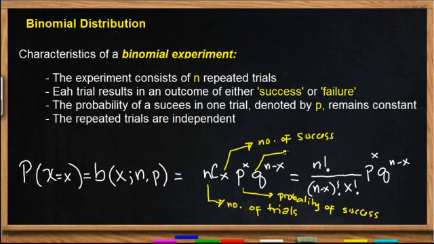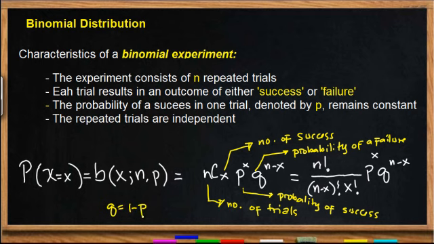Unsa meaning sa probability of a failure? Probability lang na siya nga dili ka makakuha og success. Meaning kung ang probability nimo sa success kay 1/2, ang probability nga dili success is 1 minus 1/2 or 1/2 lang gihapon. So ang q is equal sa 1 minus p.